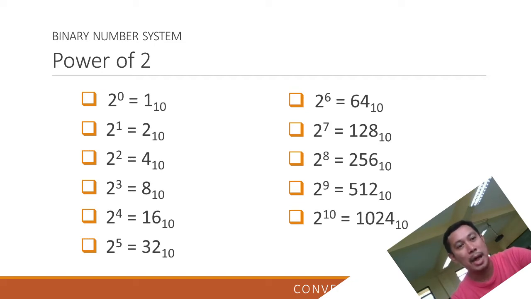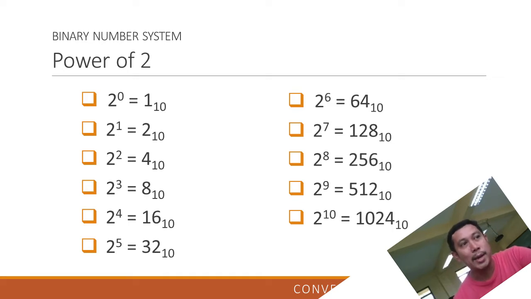There you have it. We have these numbers here. What does it mean? We all know that the binary is composed of only two digits, that is, ones and zeros, and it is a base 2 number system.